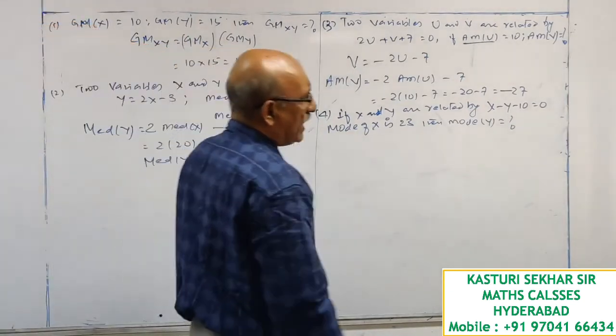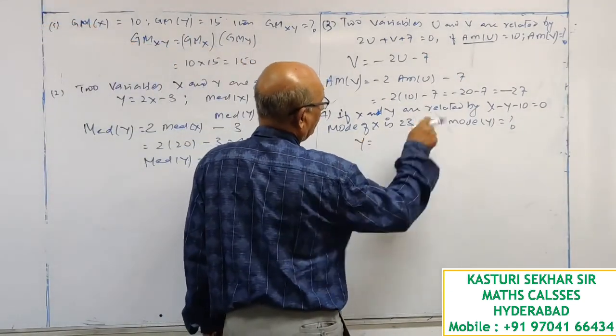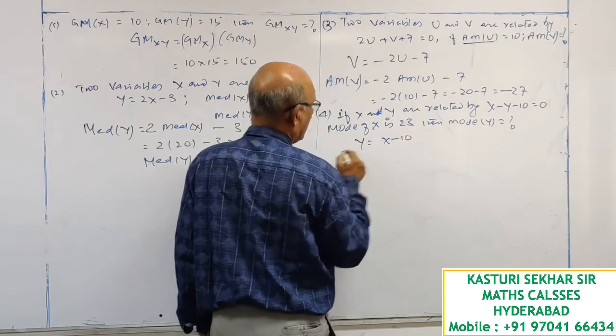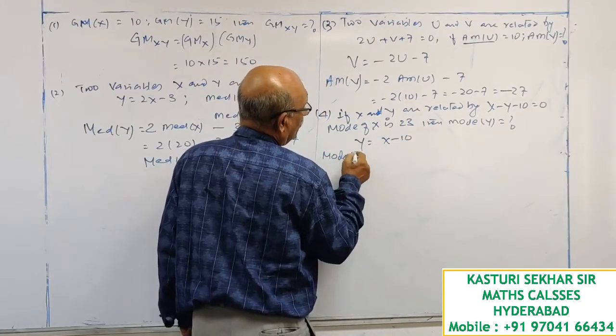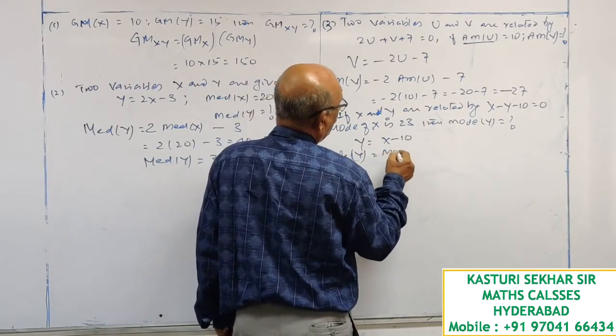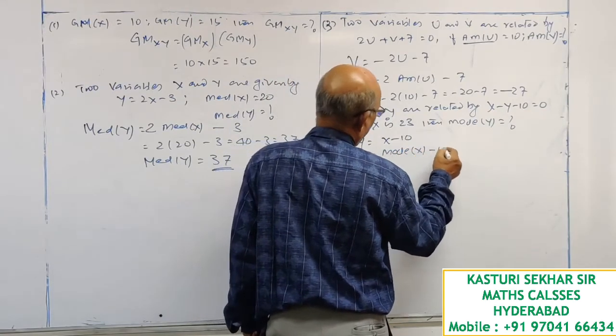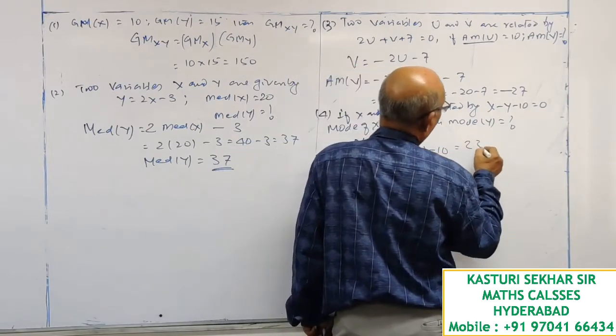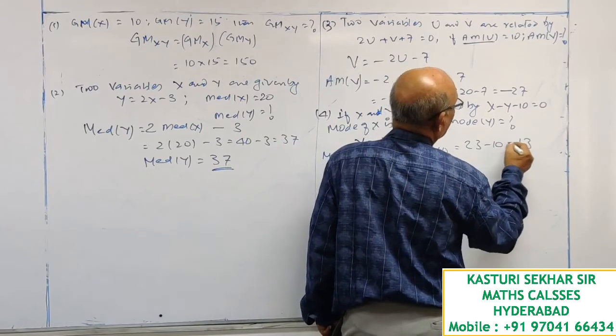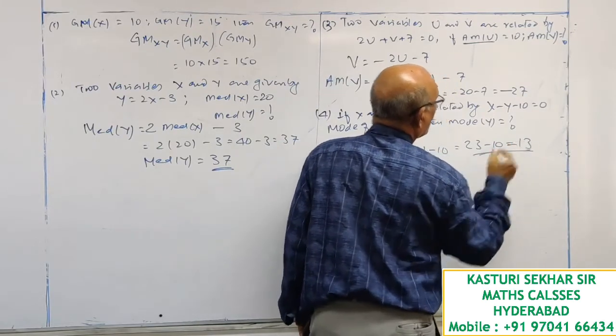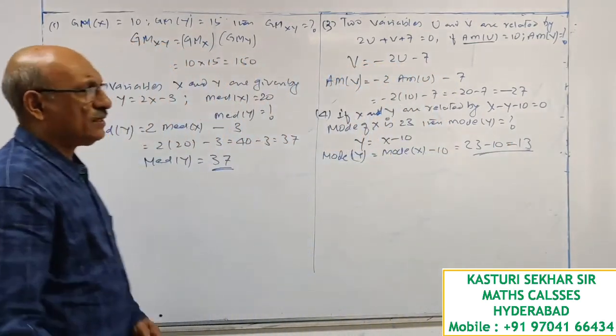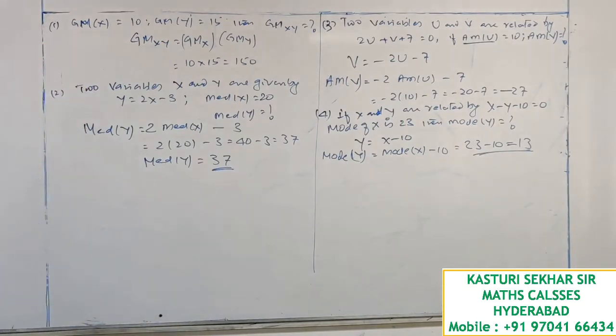Taking the other variable to the other side, it is x minus 10. Mode of y is equal to mode of x minus 10, 23 minus 10, this is 13.